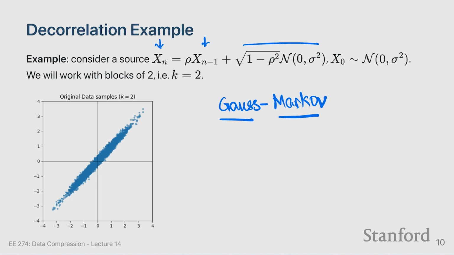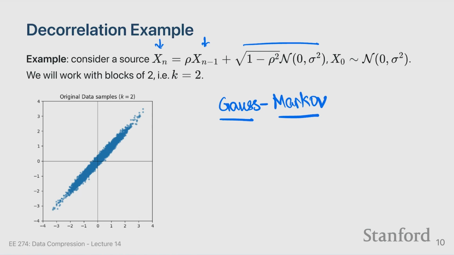What I'm showing here below on the left is just some samples generated from this source. You generate these samples and then collect every 2 of them, and we are plotting them as this 2D plot. So you can think of this as x0, this is x1. Each time you generate 2 samples and you plot it.